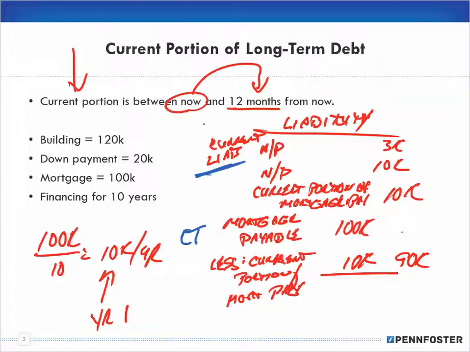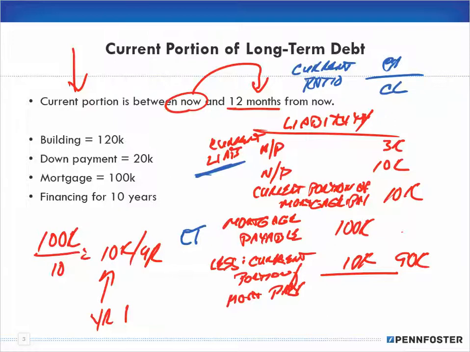And let's say, for example, our current ratio, all right? Here's an example. Our current ratio, remember this from previous chapters, that's current assets divided by current liabilities. Well, what are my current liabilities?